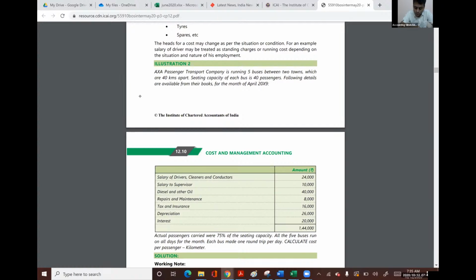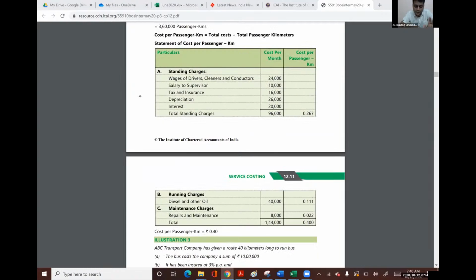Now, what is the next thing to do? Identify the total costs and divide by 3 lakh 60,000. Now, for presentation purposes, make sure that you identify standing charges, running charges, and maintenance charges.